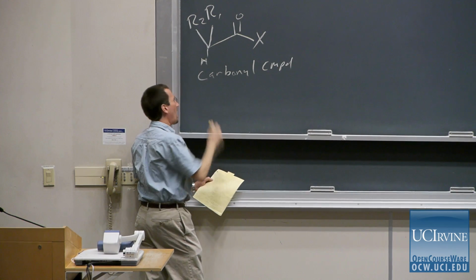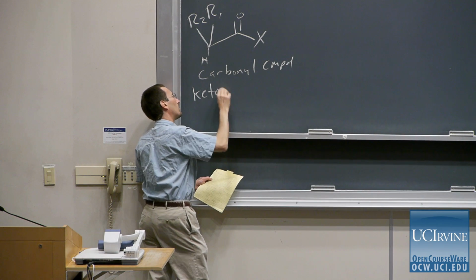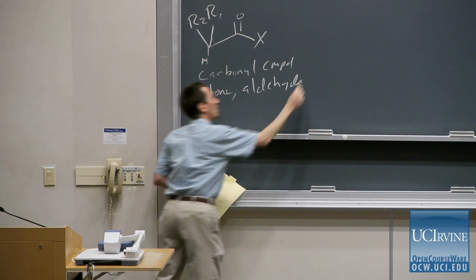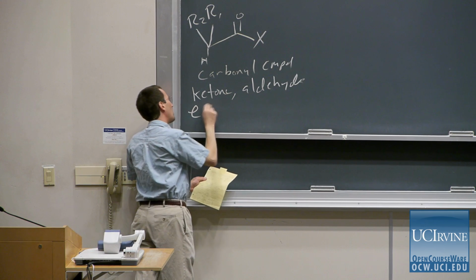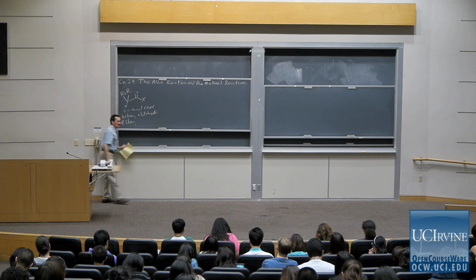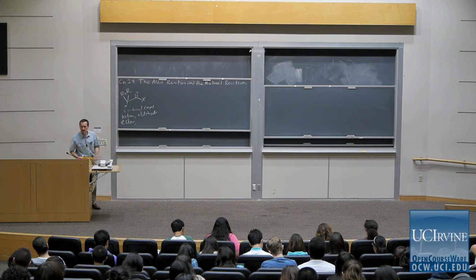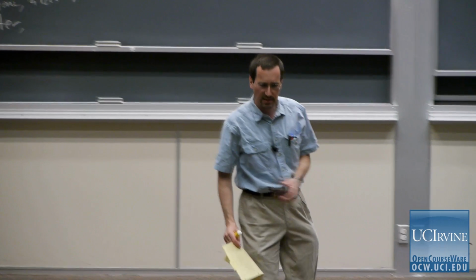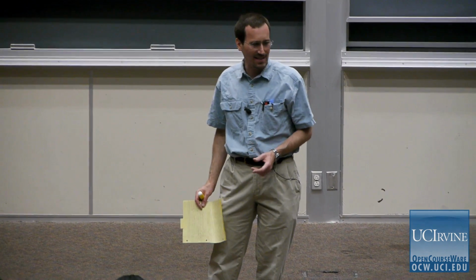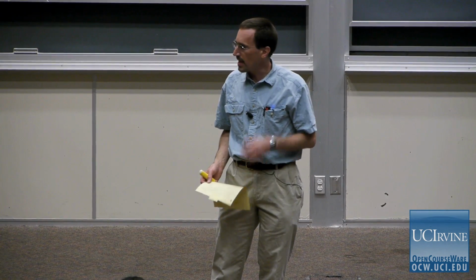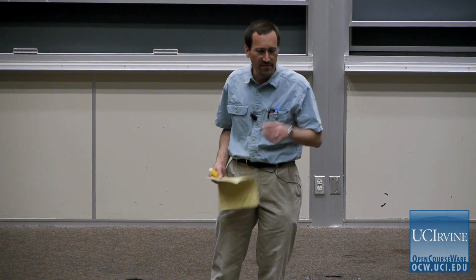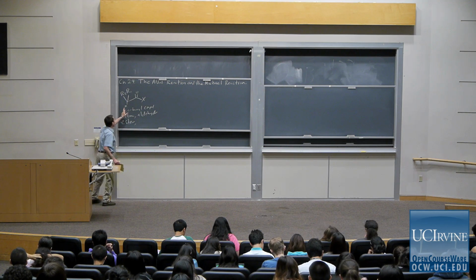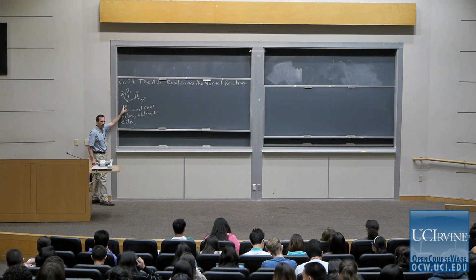Both the ketone or aldehyde family but also the ester family. Even though I've written this as carbonyl X, I said in this broad ester family and this broad carboxylic acid family, you have carboxylic acids, but also nitriles. And so the chemistry I'll talk about today even is applicable in certain cases to nitriles. But the main thing is we have a carbonyl compound with an alpha hydrogen.